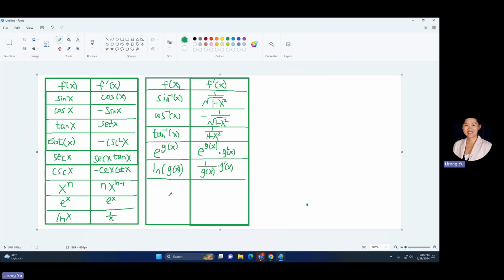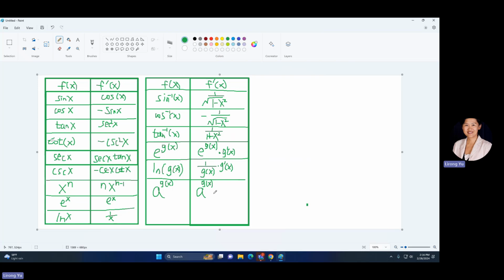I also saw that you have the a, so if we have a to a power like g of x, then this is the exponential form, a being a number. The derivative of this will be a to the g of x there. This is still an exponential function.